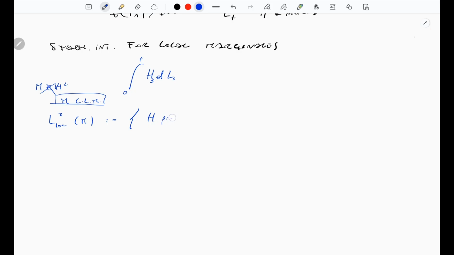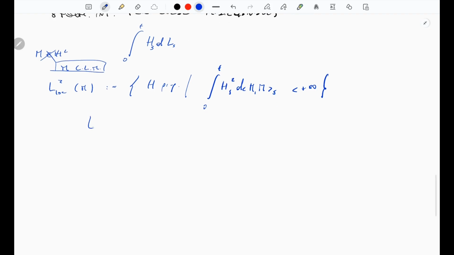That's a set of progressive processes again, such that now you have control over the integral, no longer its expectation. So clearly, L2 is in L2 loc.